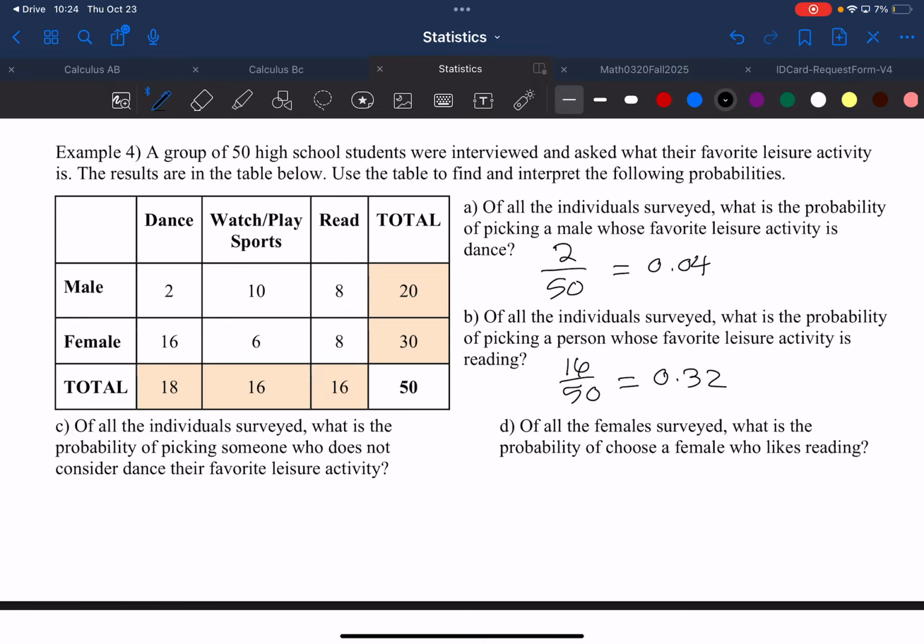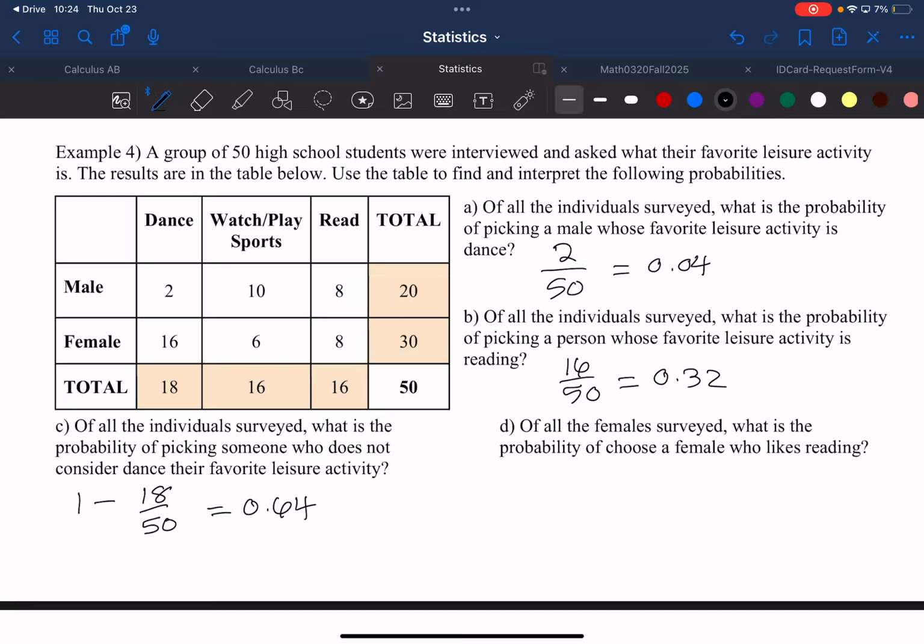C says, of all the individuals, what is the probability of picking someone who does not consider dance their favorite activity? Instead of calculating that directly, we can do 1 minus the people who like dance. How many people total like dance? 18 out of 50, which gives us 0.64.